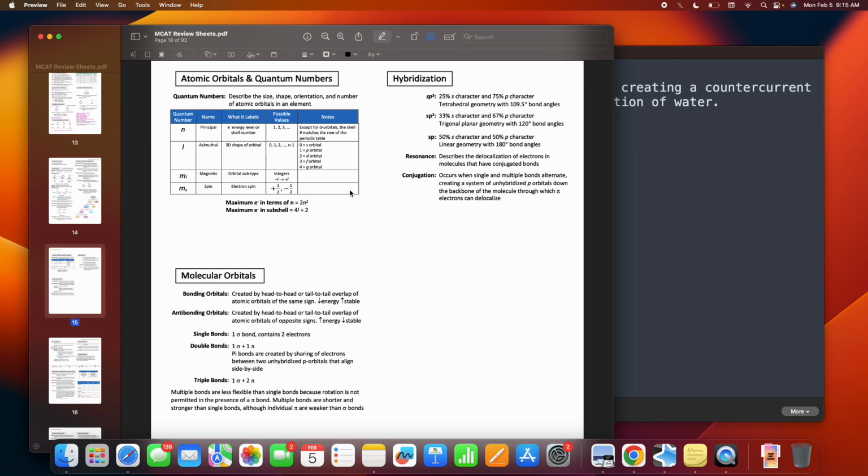Then we have molecular orbitals. We have bonding orbitals and anti-bonding orbitals. Bonding orbitals are created by head-to-head or tail-to-tail overlap of atomic orbitals of the same sign. It requires less energy and it is more stable.